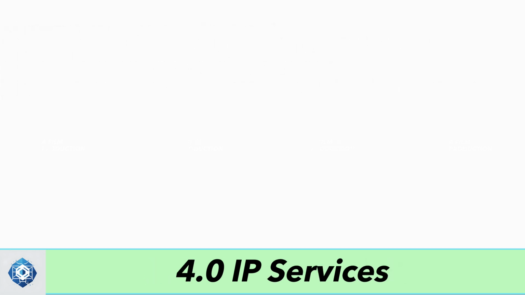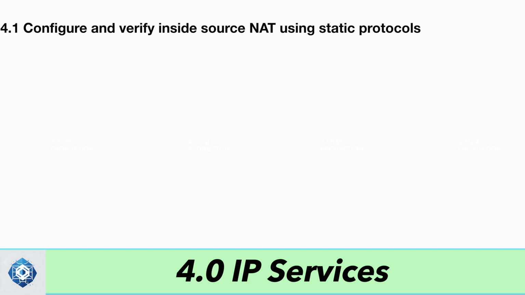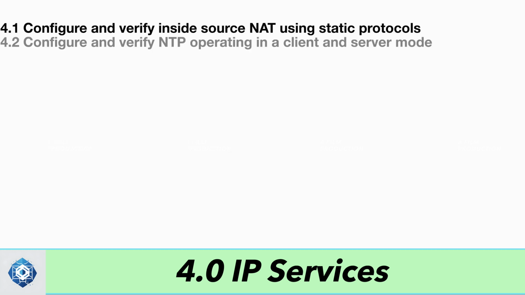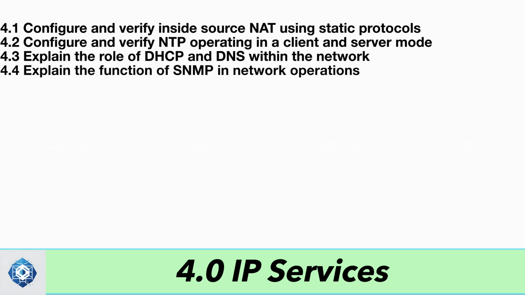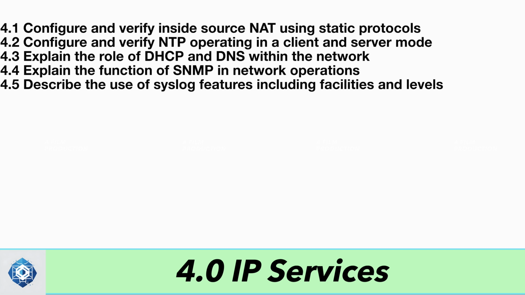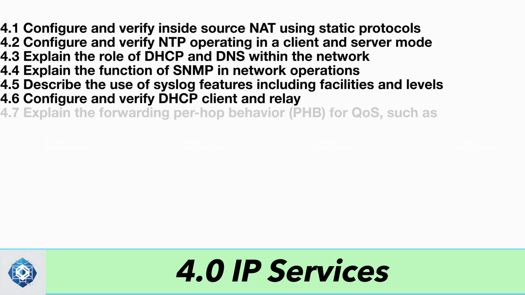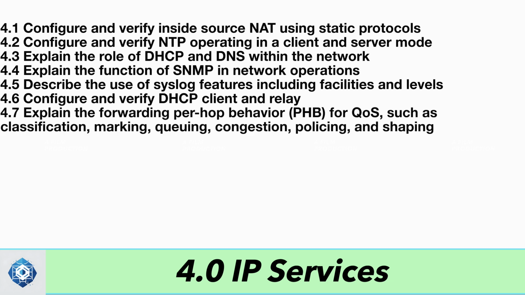In section 4, we'll be learning about configuring and verifying inside source NAT using static protocols, configuring and verifying NTP operating in a client and server mode, explain the role of DHCP and DNS services within a network, explaining the function of SNMP in a network operation, describe the use of syslog features including facilities and levels, configure and verify DHCP client and relay, explain forwarding per hop behaviors PHB for QoS, such as classification, marking, queuing, congestion, policing, and shaping.